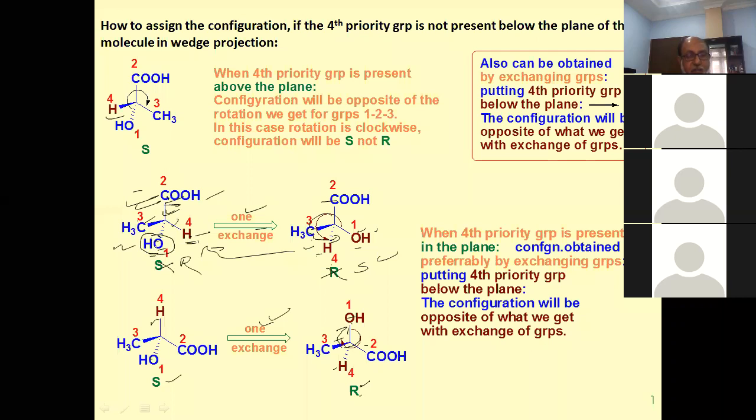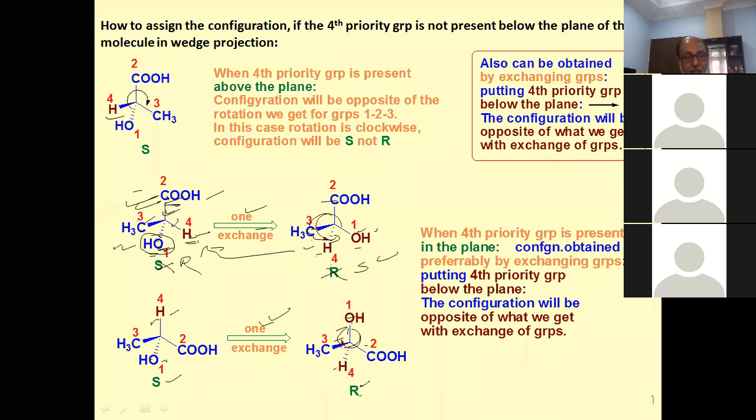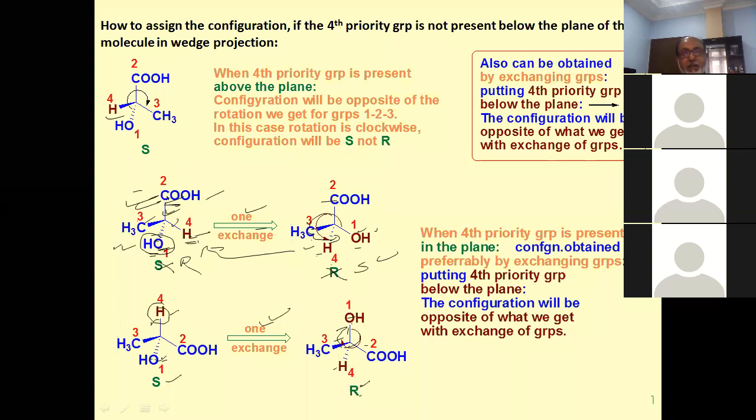The backside group is OH, so I must exchange with this group. The fourth priority group must be exchanged with the backside group. So here also, this OH group is at the backside, so I'll exchange with the backside group because my purpose is to bring H, the fourth priority group, to the backside, right? Am I right?